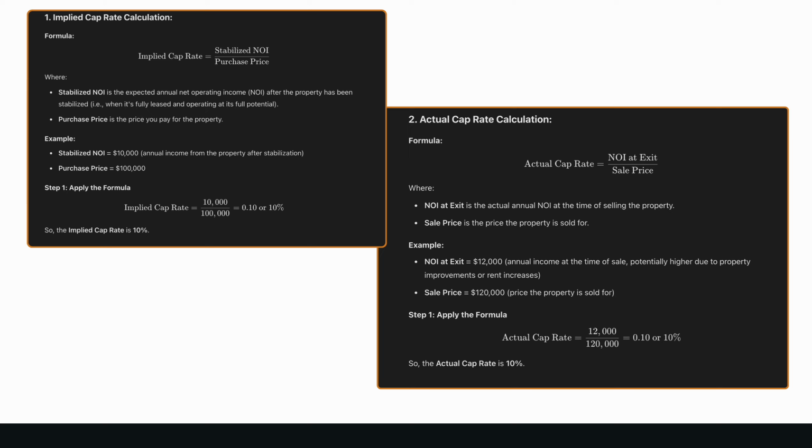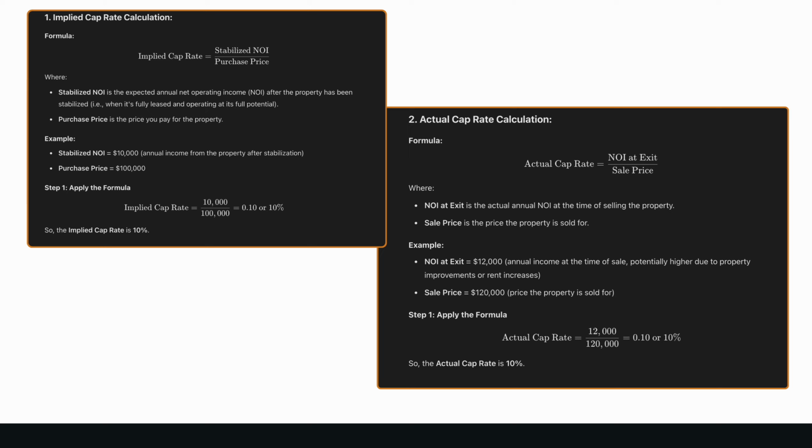For example, net operating income at exit is $12,000, potentially higher due to property improvements or rent increases, and the sell price is $120k. The calculation, $12,000 divided by $120k, is again around 10%.